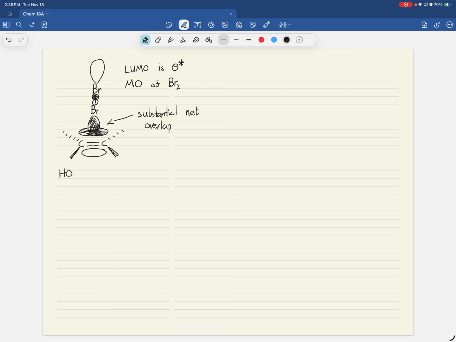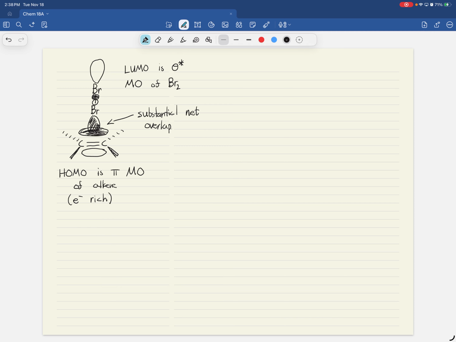So this is what we call our HOMO, our highest occupied molecular orbital. And that is the pi MO of the alkene. Another thing we can say here is that this orbital is electron rich. So when I have something electron rich and something electron poor, I'm going to get two new bonding orbitals, one that's much more stable and one that's much higher in energy. And that's what happens here. That's why this reaction takes place.